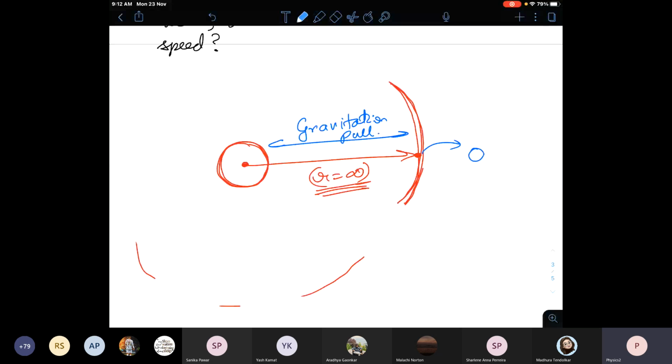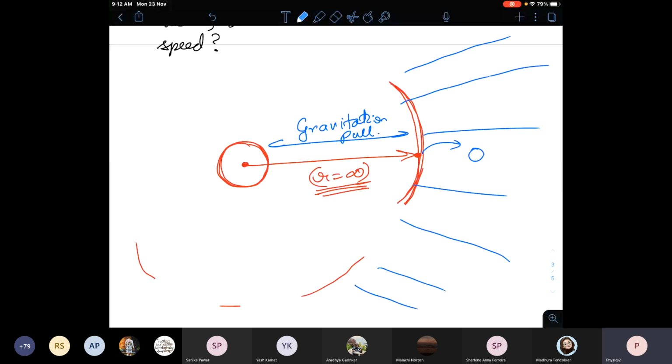This complete region beyond this point is called interstellar space. Anything beyond the gravitational capacity of a planet is called interstellar space.